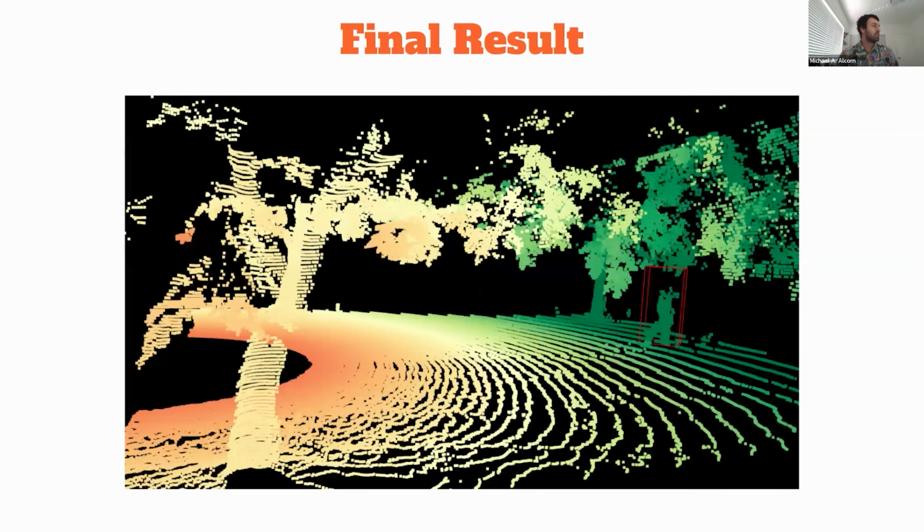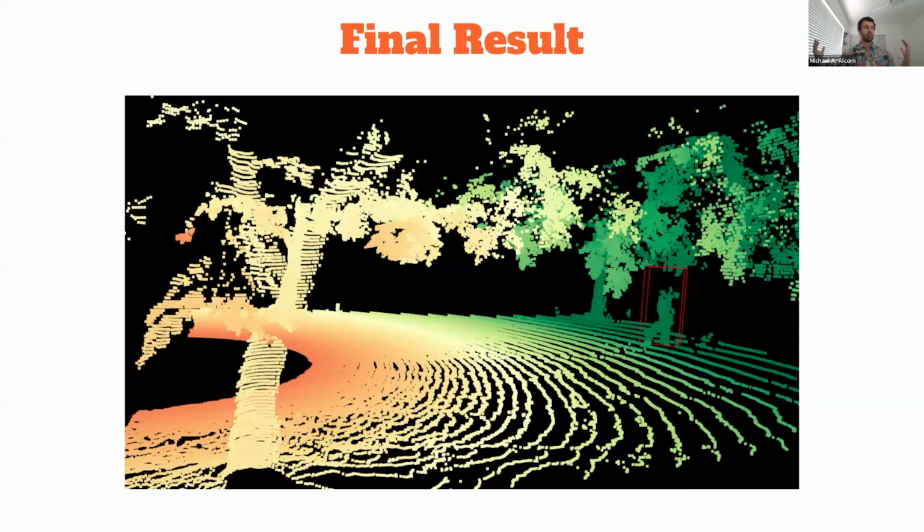So after all these steps are combined, we get a result like this, where the human that was collected in a completely different context in a parking lot scene has now been entered into this new scene and put in a completely different location. And we have realistic occlusion and simulation to give us a really realistic looking final scene that we can use to train our models.